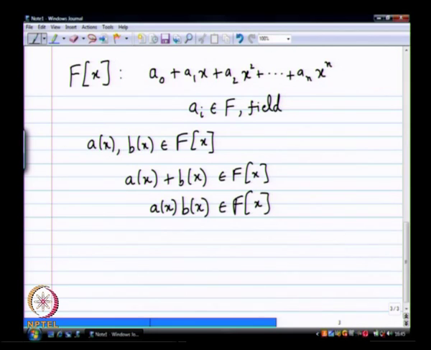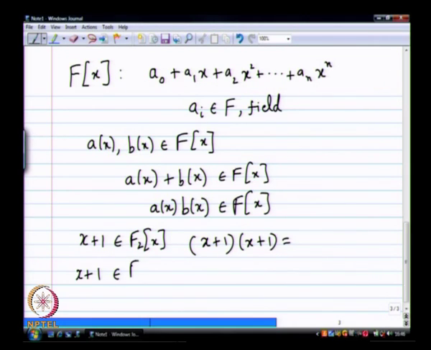I will give you a simple example. Suppose I look at x plus 1 as belonging to F2[x]. What is x plus 1 multiplied by x plus 1? Try that, and if I think of x plus 1 as belonging to, let us say, F3[x], what is x plus 1 times x plus 1?